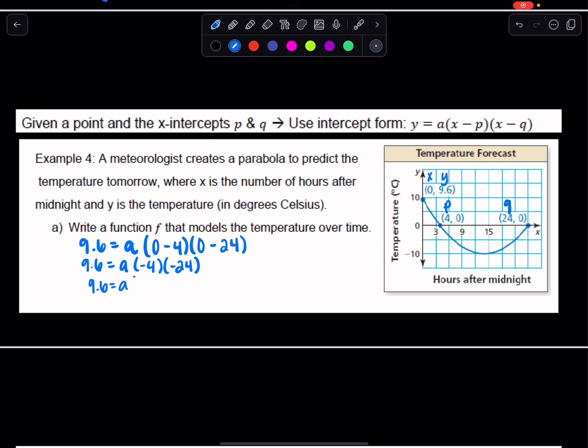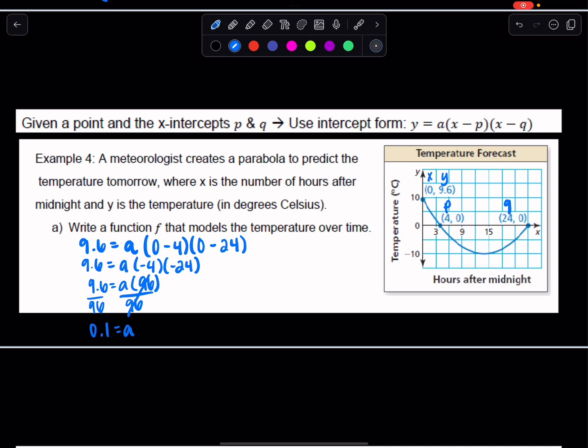Then we can multiply those. Negative 4 times negative 24 is positive 96. And then we divide. So those cancel, and that equals 0.1.